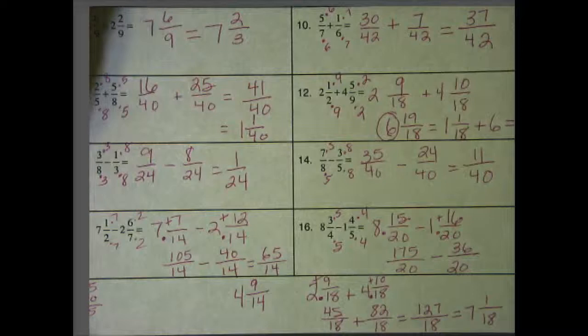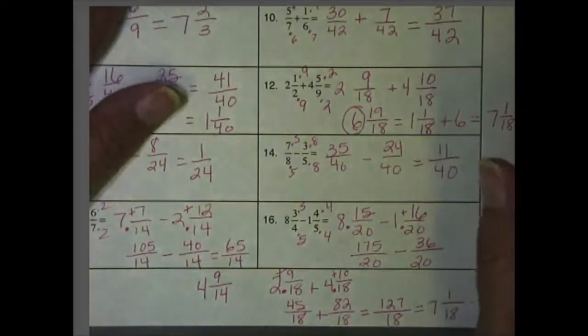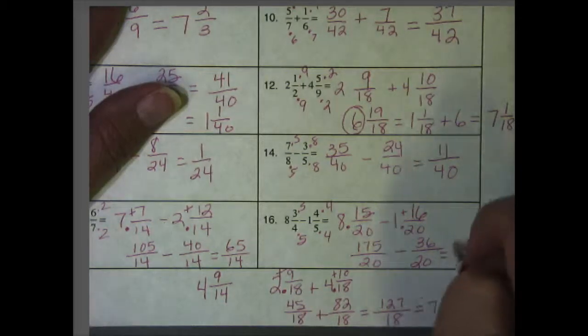So now we need to take 175 minus 36. If you need to do it out to the side, you can do that, or you can do it in your head like I generally do. So when I subtract those, I get 139 over 20.